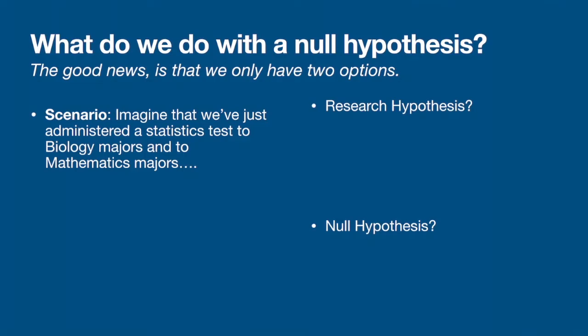Imagine that we've just administered a statistics test to biology majors and to mathematics majors. So here's the question. What should our research hypothesis be? Now think about this. Remember, we have either a directional hypothesis that we could use, or we could make this a non-directional hypothesis.